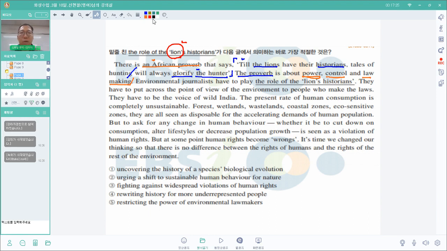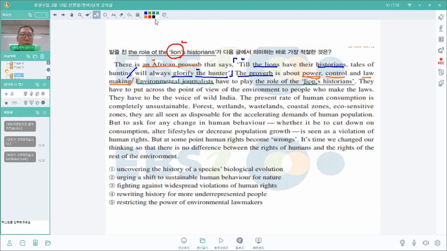So this proverb is talking about the power, control, and law making situation in our world. So environmental journalists have to play the role of the lions' historians. So therefore, in this case, it is an environmental journalist who has to speak on behalf of the lions. The environmental journalists have to play a role of lions' historians.